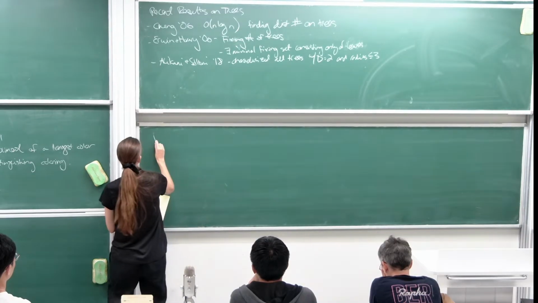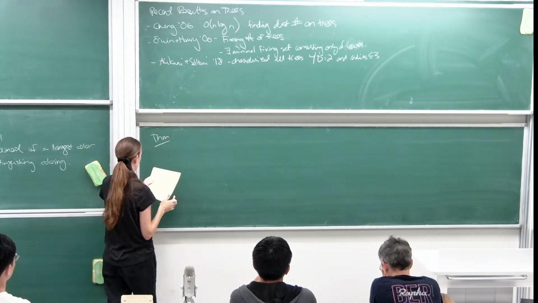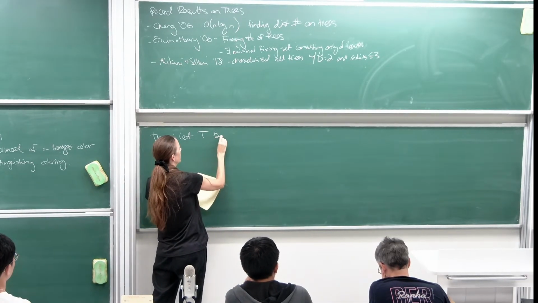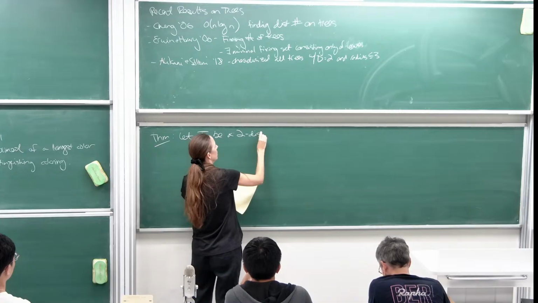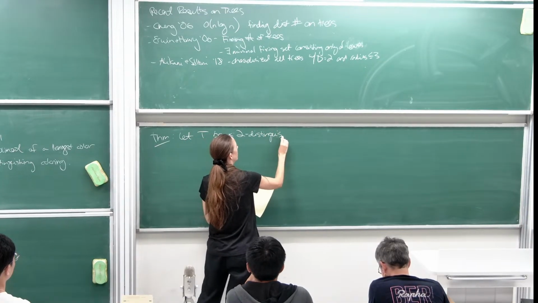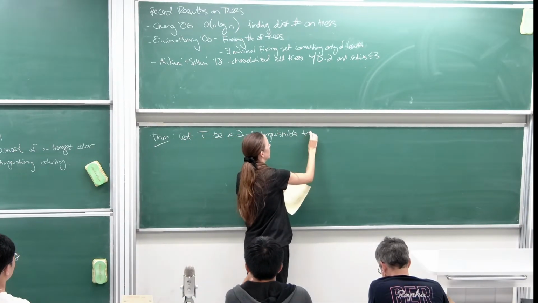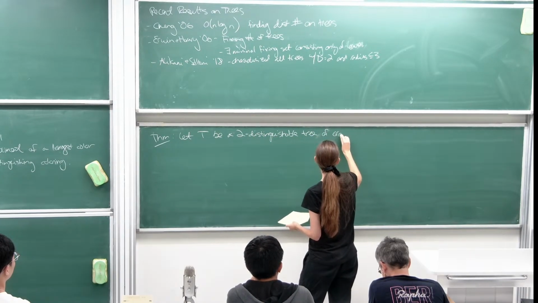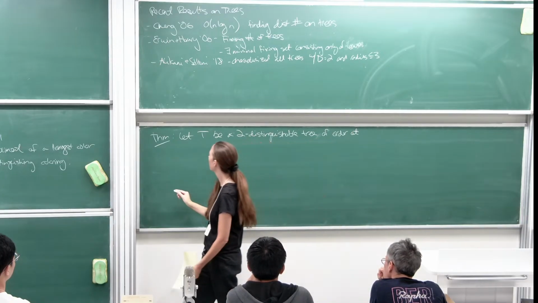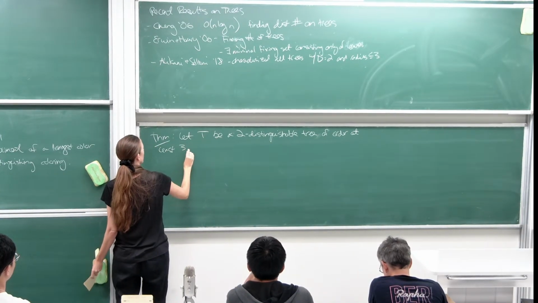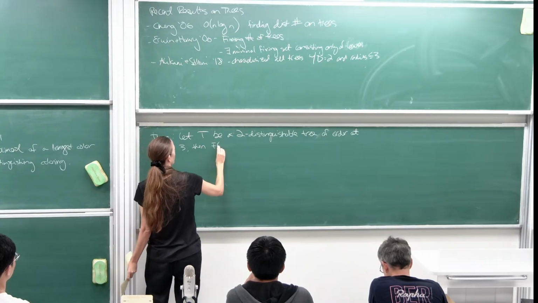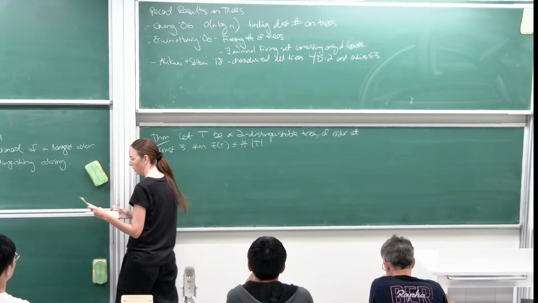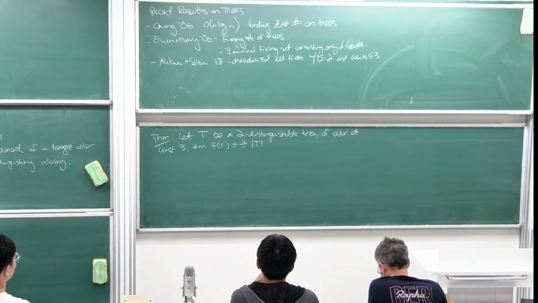What we were able to show is that if T is a 2-distinguishable tree of order at least 3, then the fixing number is bounded above by 4/11 times the order of the graph.